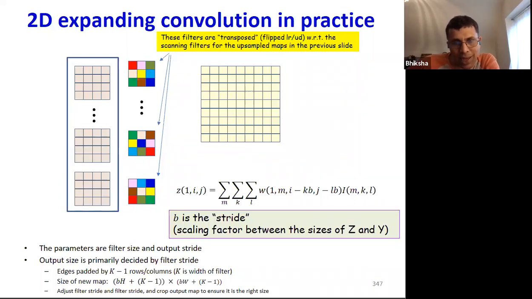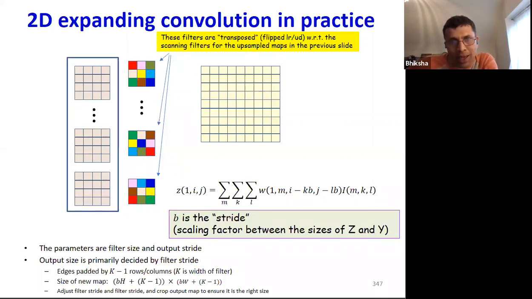Say you want to compute this map which is B times the input map. You're going to create an empty map which is B times the size of the input map. Now the filter size has nothing to do with the expansion factor. The filter could be anything, right?